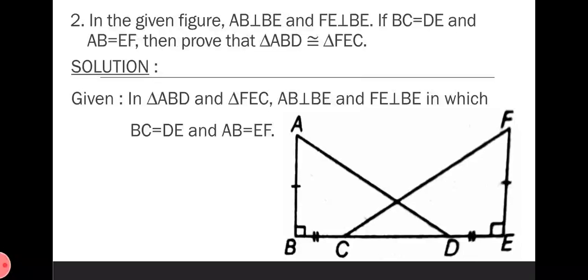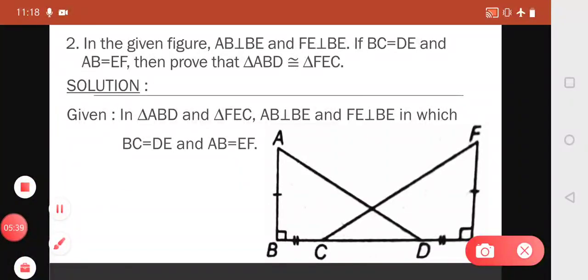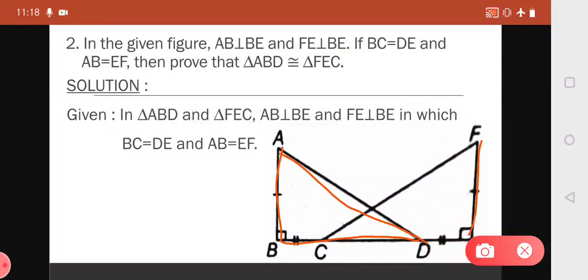Given, in triangle ABD and triangle FEC, we have been given two triangles. ABD is our triangle 1. Another triangle is FEC. In these two triangles, it is given AB is perpendicular to BE. Similarly, it is given in the other triangle FE is perpendicular to BE.